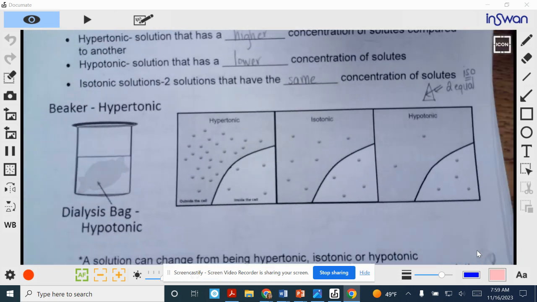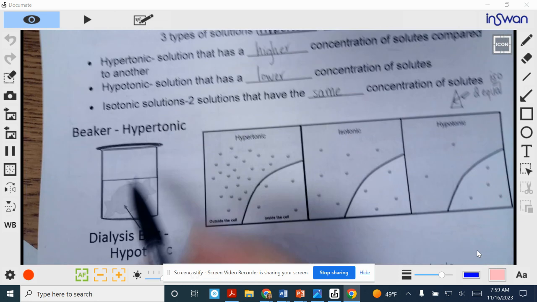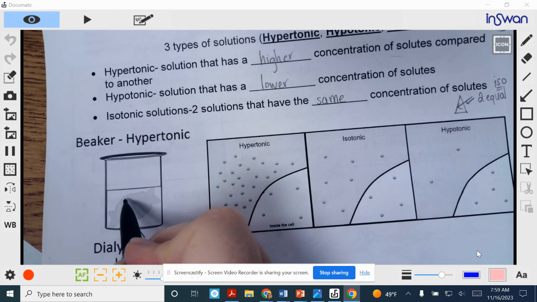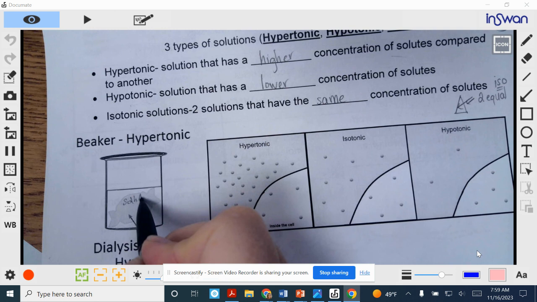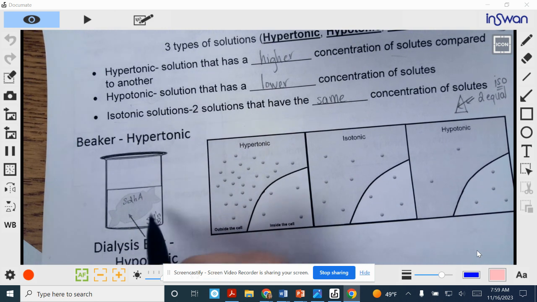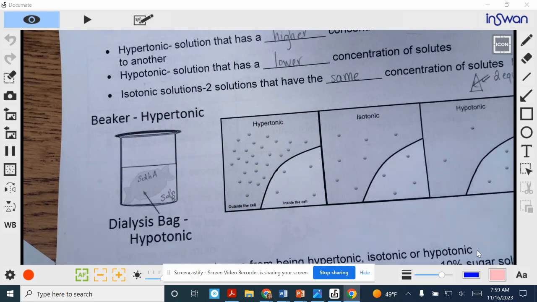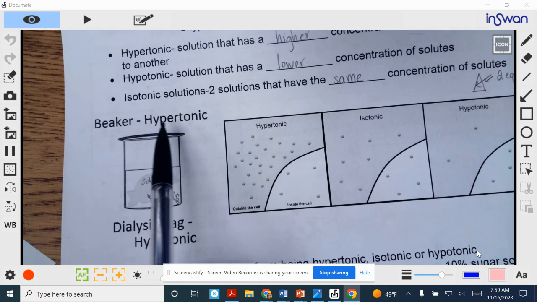So here's some different questions that we can have. Here's a solution in the bag, and I'm just going to call it A, and then out here is solution B in the beaker. So this bag is floating in a solution, and the bag also has a solution in it. It says the beaker is hypertonic.